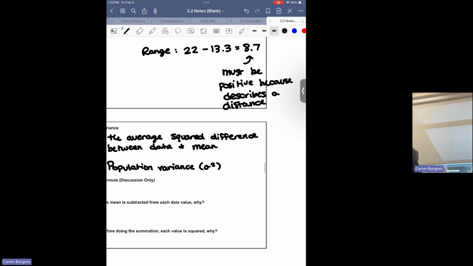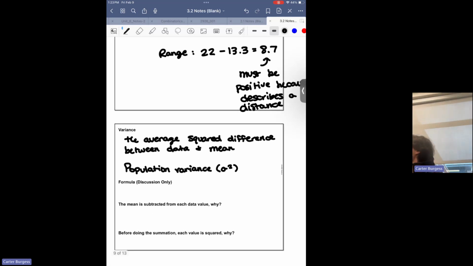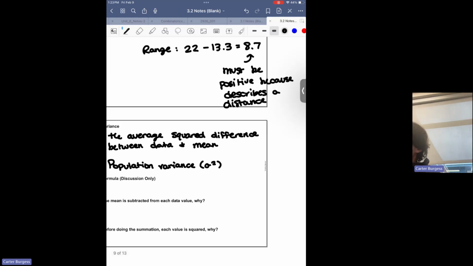Okay. So what does it mean to take, well, first of all, we're taking the average of a bunch of squared distances. So this is going to be from the data minus, if I'm talking about the population mean for my population variance, what should I use to represent mean?